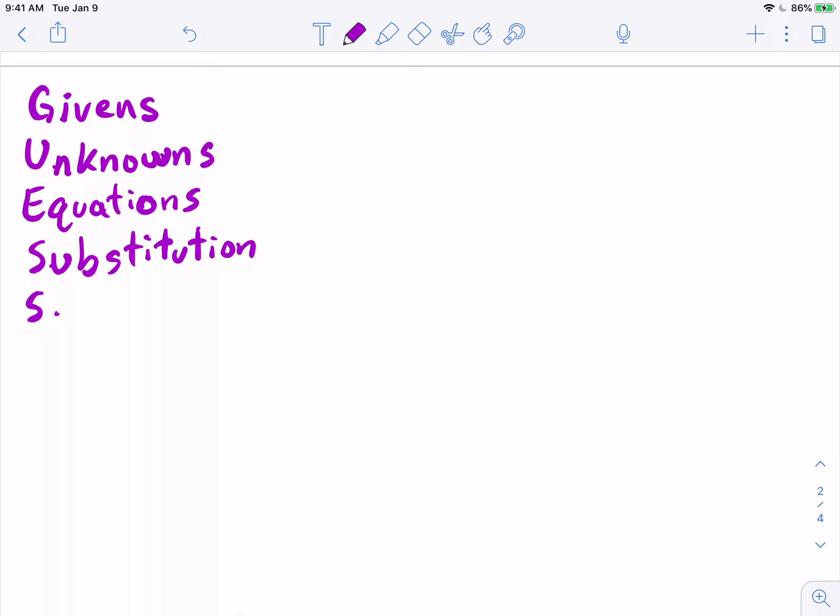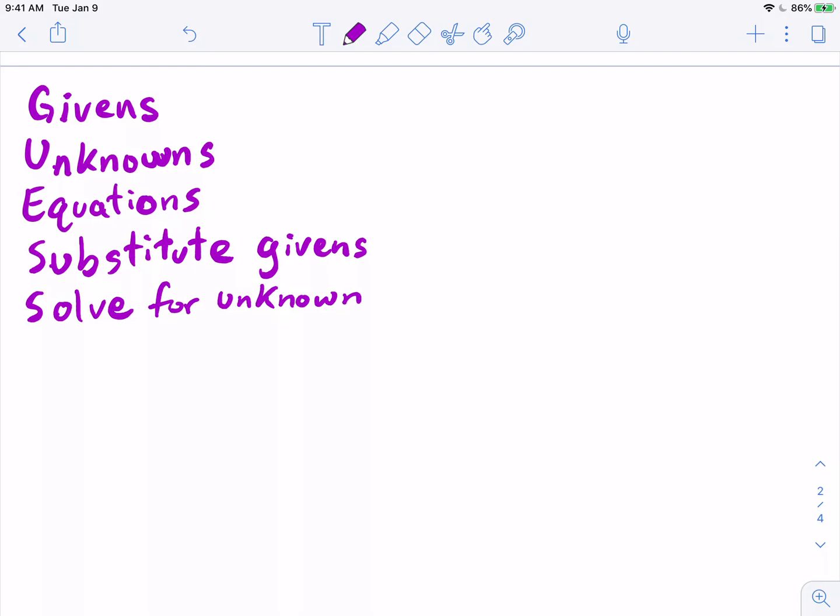You're going to substitute your givens. Okay, so maybe I'll just say that here. So we're going to substitute givens into the equation, right? And then you're going to solve with your algebra skills for the unknown that you're looking for.